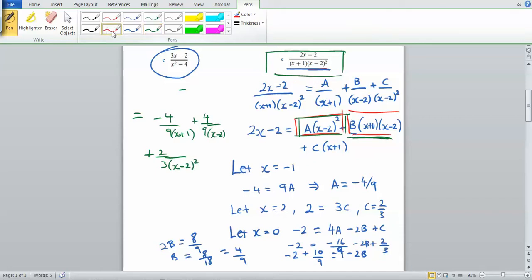So we do partial fractions to simplify these. Later on when you're doing calculus, you'll need to do that. And so there is a reason behind that.